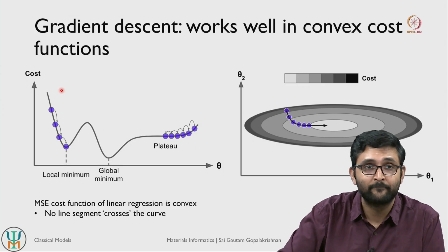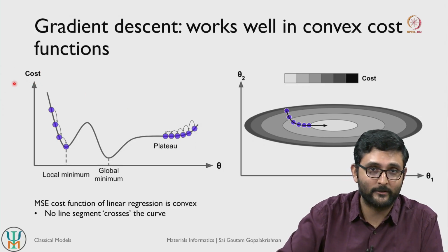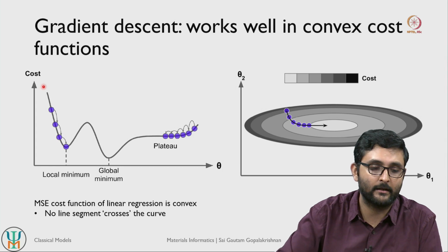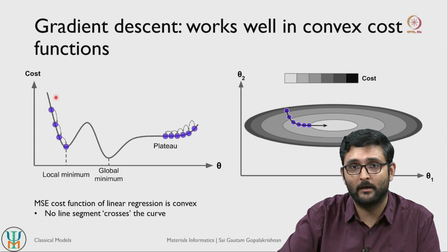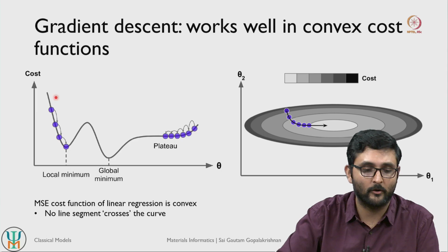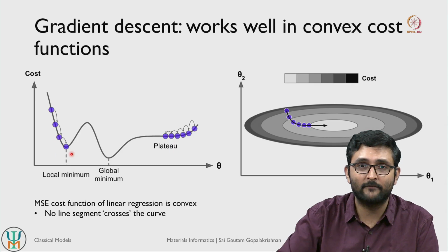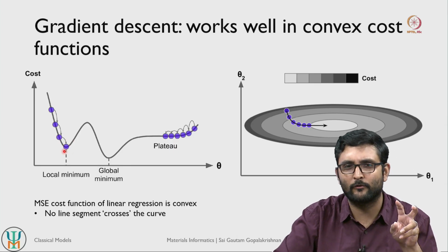But unfortunately most cost functions, most error functions in machine learning, are not smooth convex functions, so they are not smooth bowls. You will come across instances where you have some kind of local minima. So let us say you have an error function that varies non-monotonically like this. You may have instances where you hit a local minimum, which is a local solution for your weights, but it is not the most optimal solution.